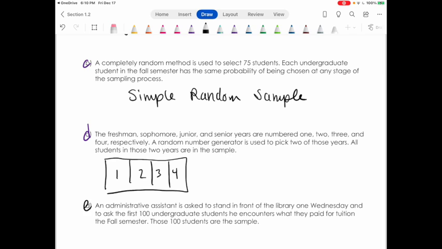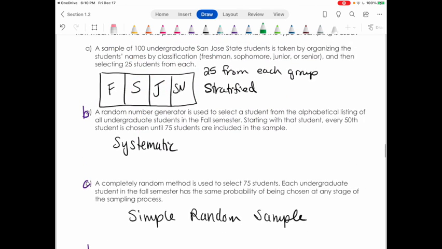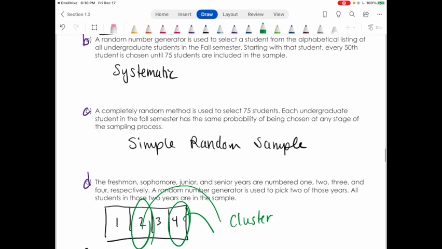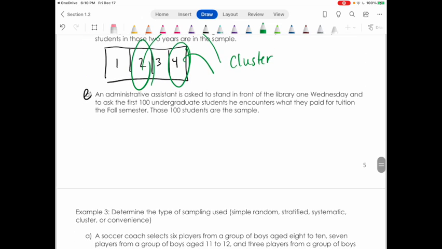A random number generator picked 2 of those categories, and then everybody in that category went into the sample. So this would be an example of cluster, because if I pick 2 and 4, everybody in those years goes into the sample, as opposed to up here where it's split into groups and then you pick just a few from each group. That's stratified.